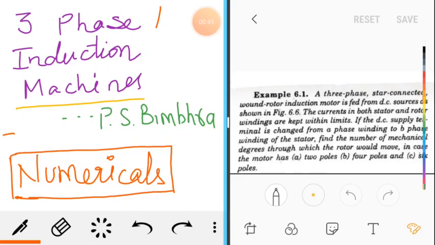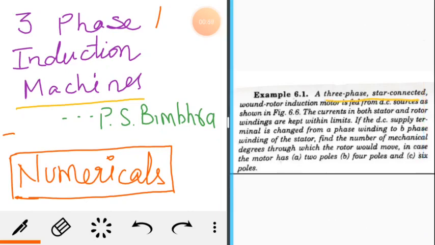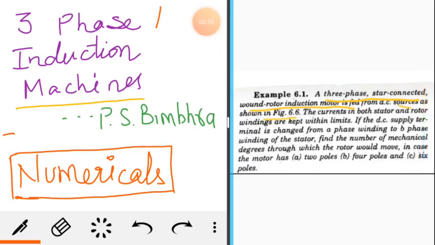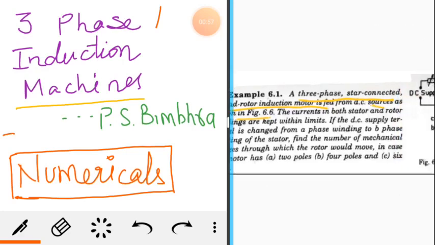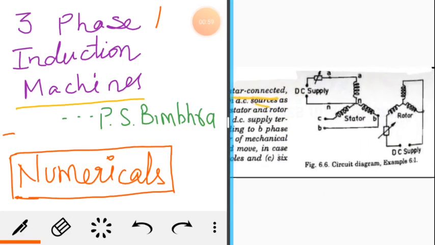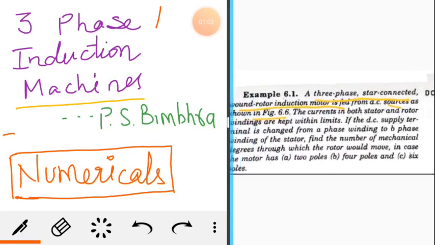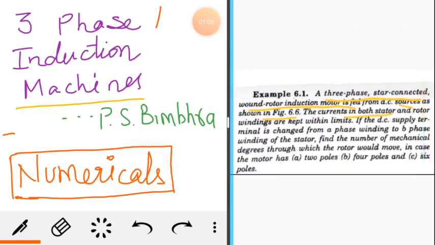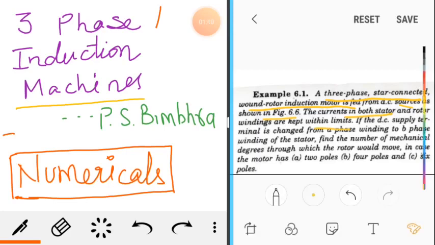In example 6.1, a three-phase star-connected wound rotor induction motor is fed from DC sources as shown in figure 6.6. Here the figure is shown. The currents in both the stator and rotor windings are kept within limits.